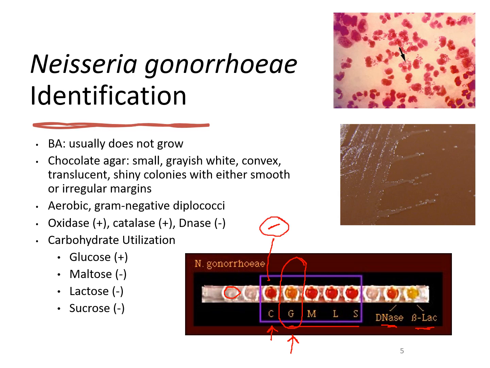If this did change, then your results to follow wouldn't be valid. Because this organism utilizes the glucose but is negative for everything else, that gives you your results here, where it's able to utilize glucose but nothing else, and that's how you would differentiate Neisseria gonorrhoeae.